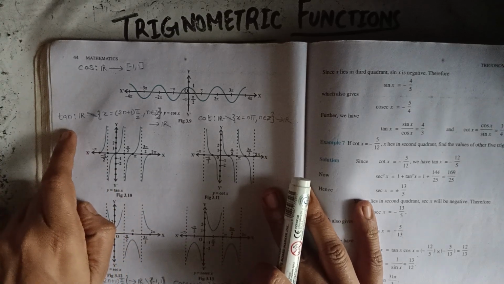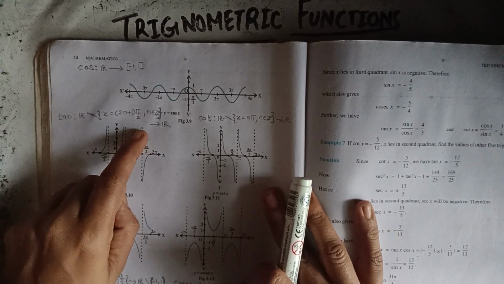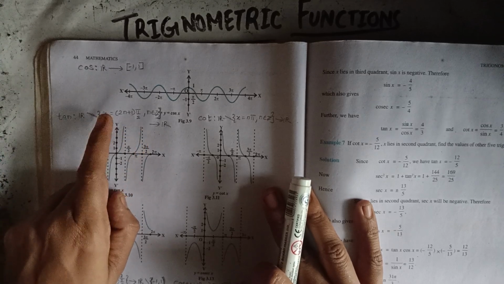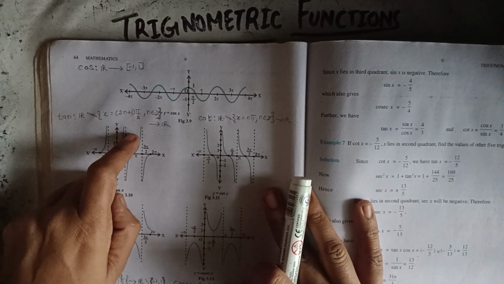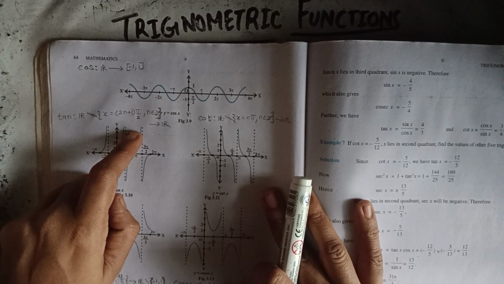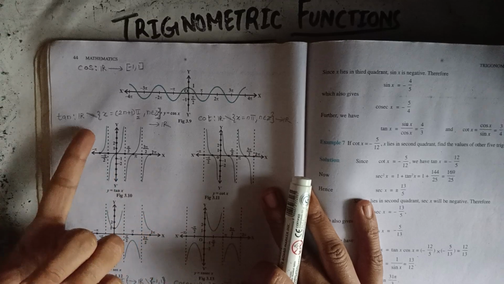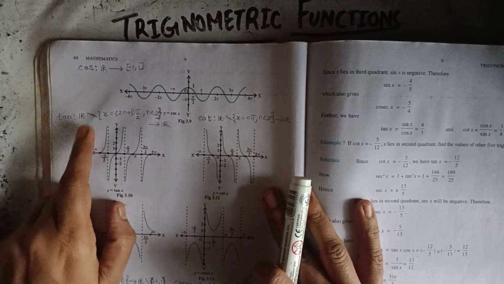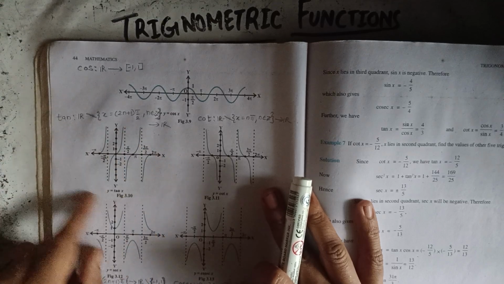Okay, for the tan function we are removing multiples of pi by 2, because these are odd multiples: pi by 2, 3 pi by 2, tan of pi by 2, that is tan 90, is not defined. So the values for which we get a not defined number, we just remove them from the domain. Okay, and its range is R and its graph is like this.